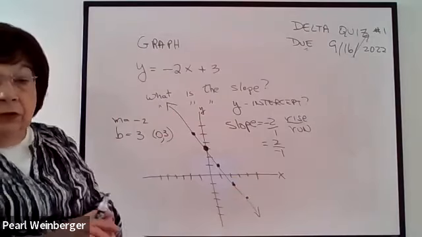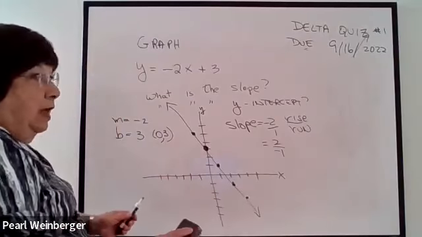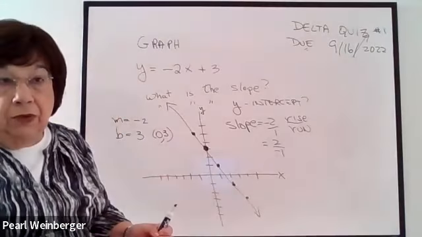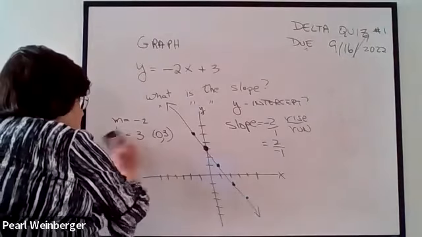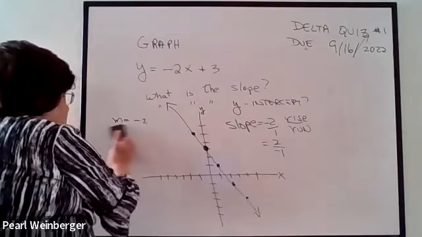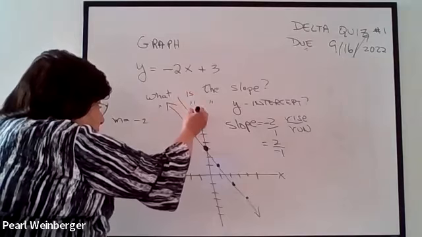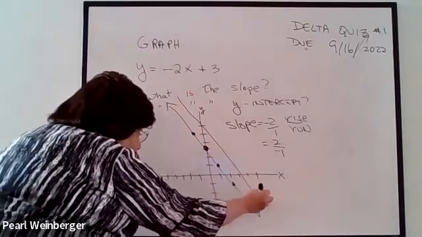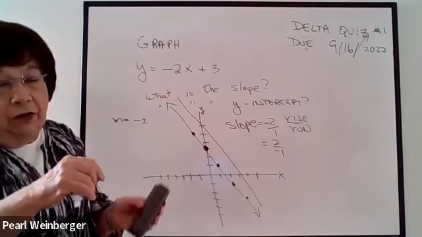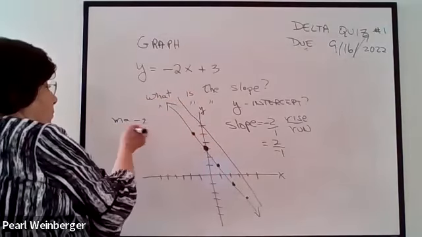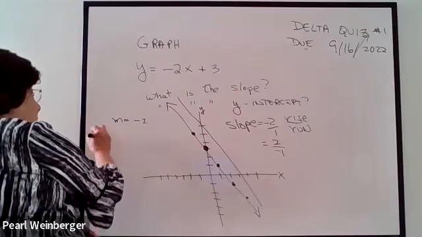We talked about the fact that when we have slopes, there's a lot that we can tell from the slope. We can tell when two lines are parallel. I have another line over here. Parallel means that they are never going to meet. That line would also have to have a slope of -2.